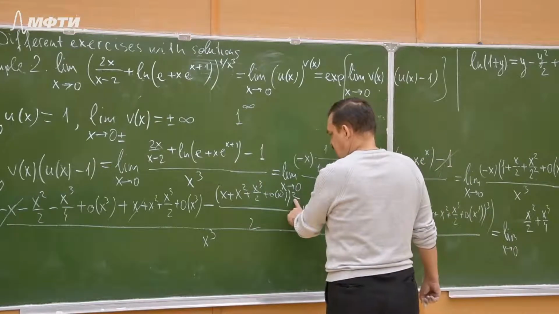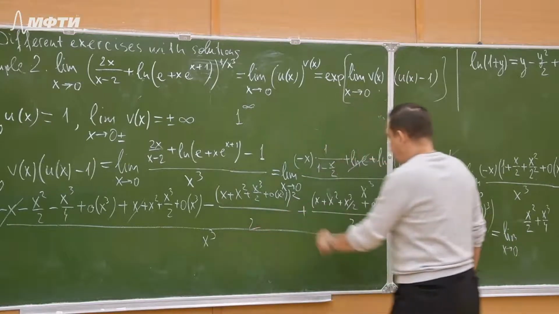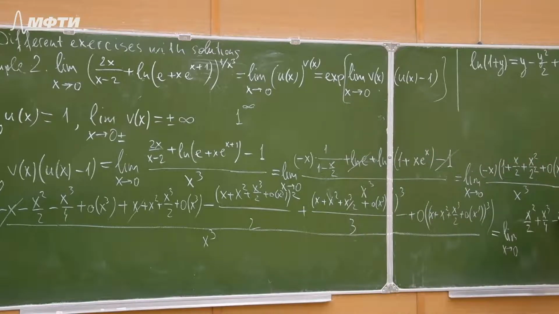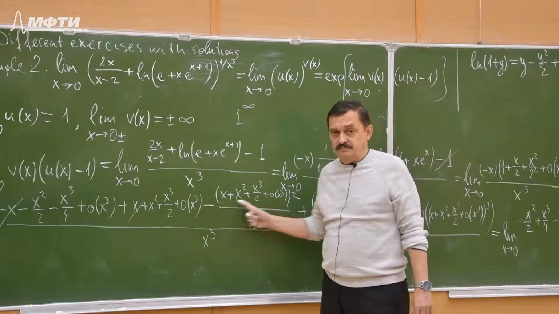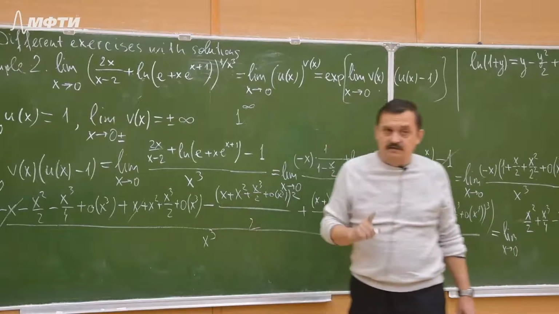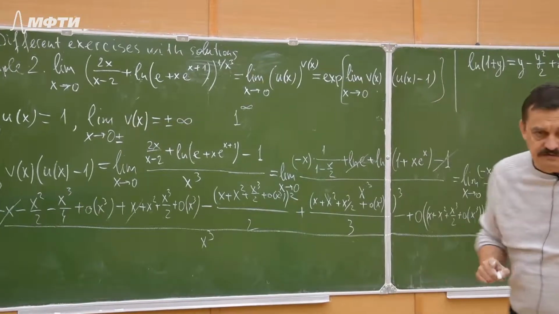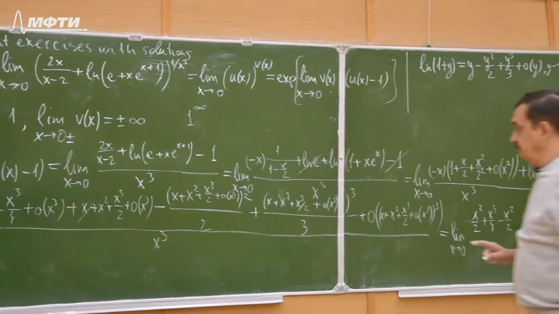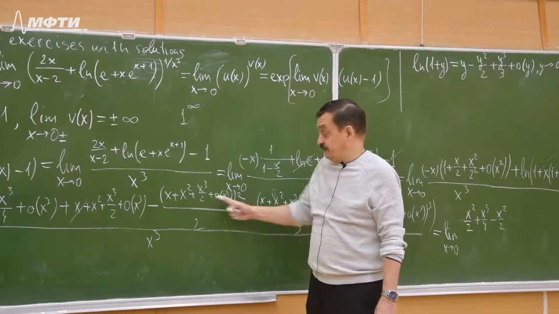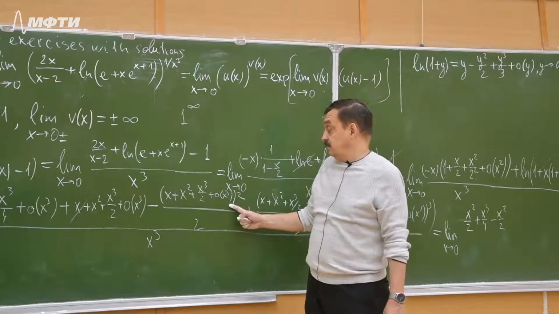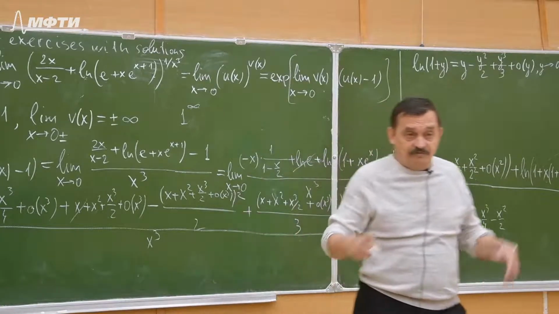Minus x squared over 2 from squaring. Also from this term, that is very popular mistake of students. Look, when we take square of this expression, so what is square of a sum?